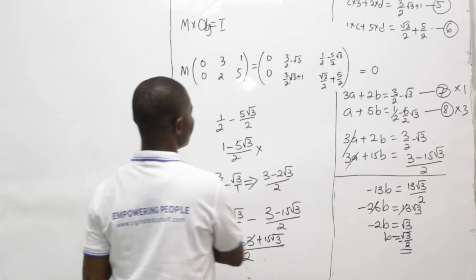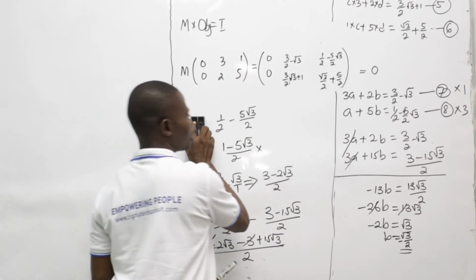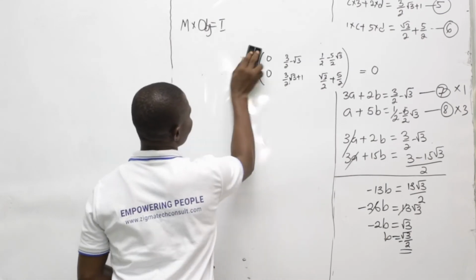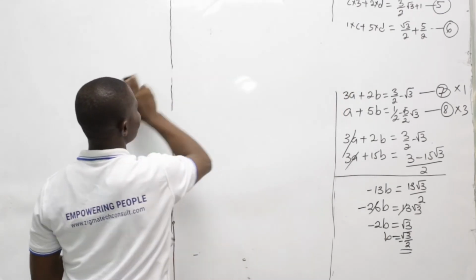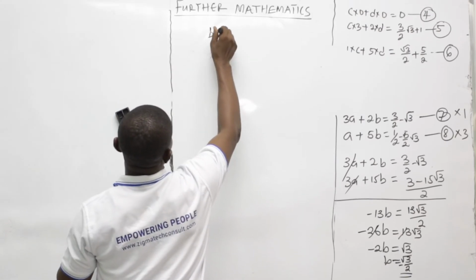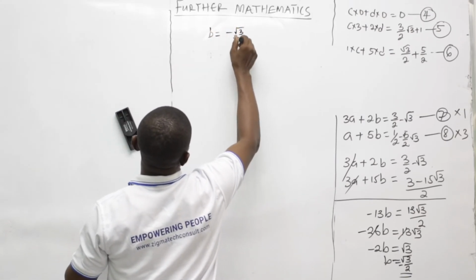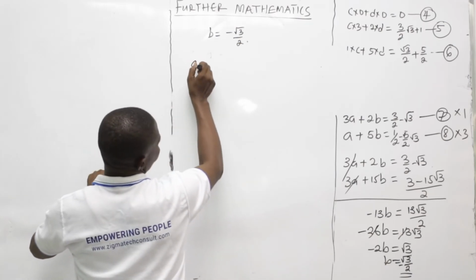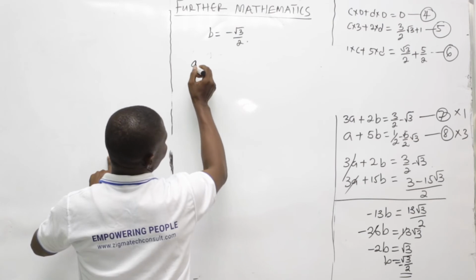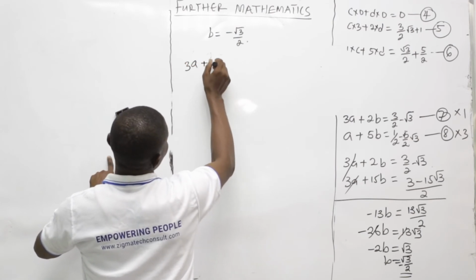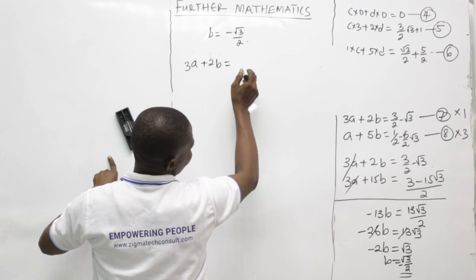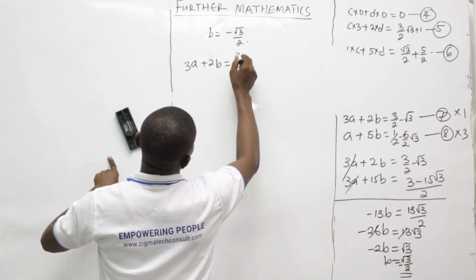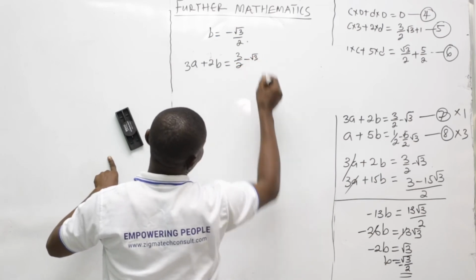Therefore, the value of b is what? Minus √3 over 2. So b now, b equals minus √3 over 2. Solving for a, we have that 3a plus 2b equals 3 all over 2 minus √3.